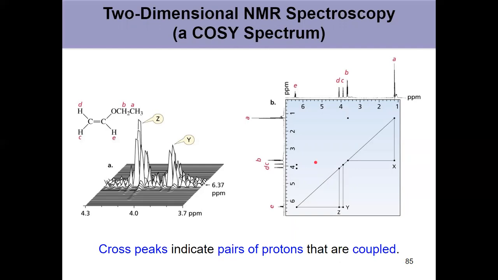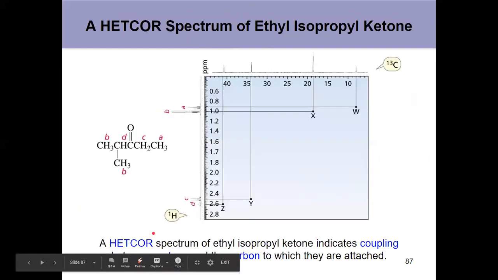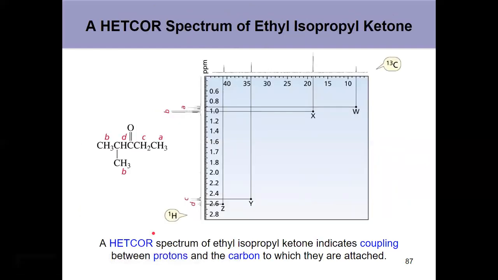It's really useful for complex molecules, larger things like biologically active molecules, proteins, nucleic acids, etc., because it tells us protons that are coupled without actually having to go in and measure coupling constants, and it does that with the cross peaks.